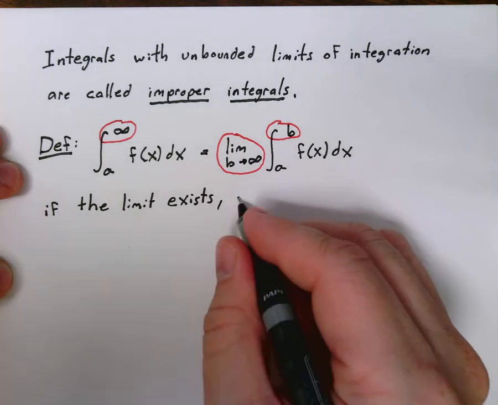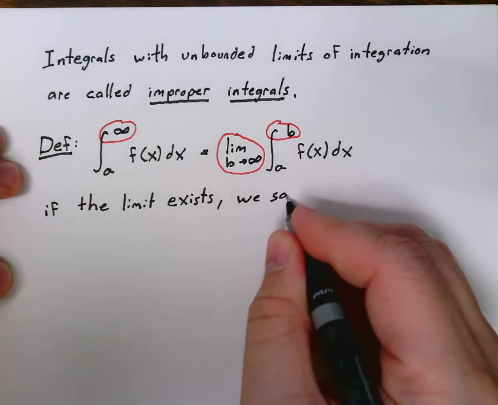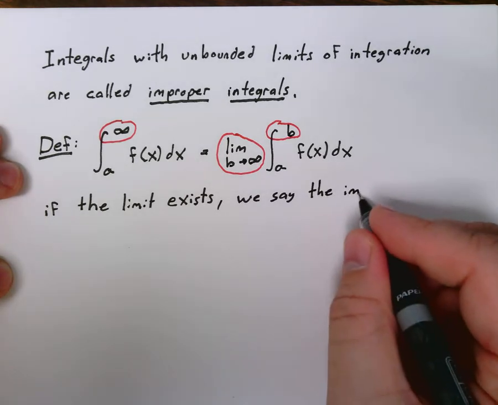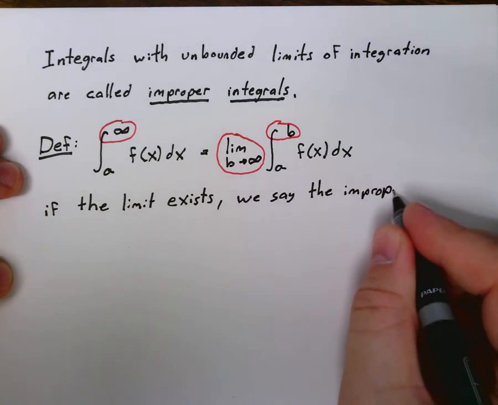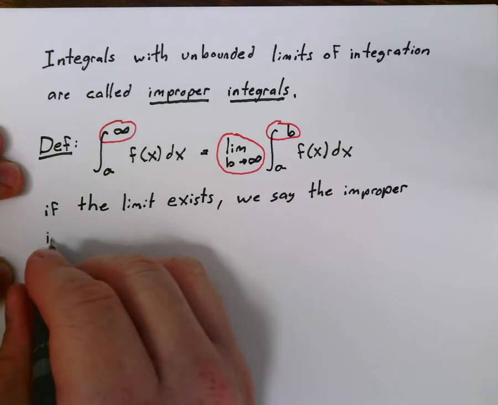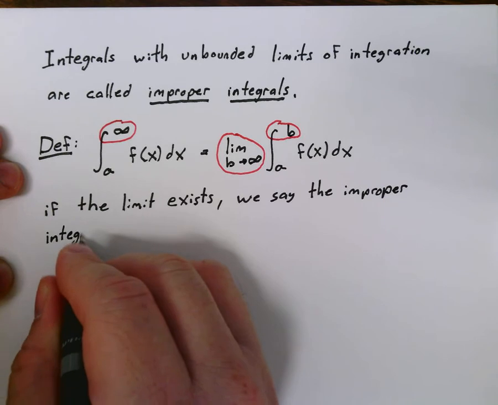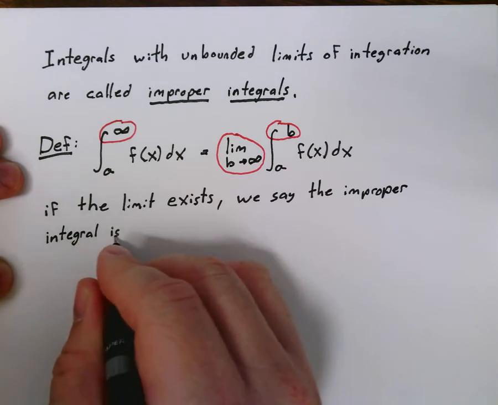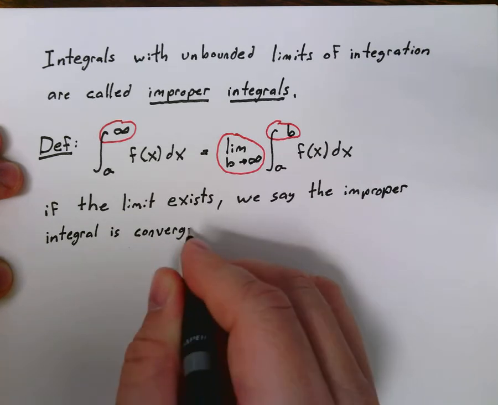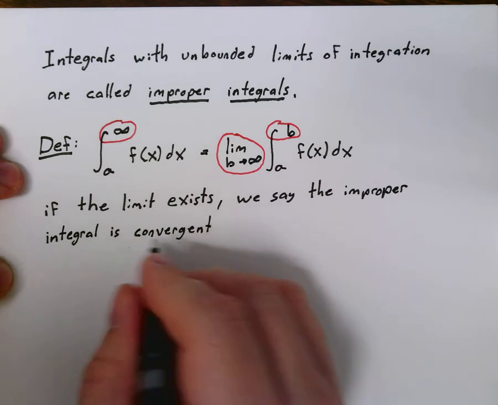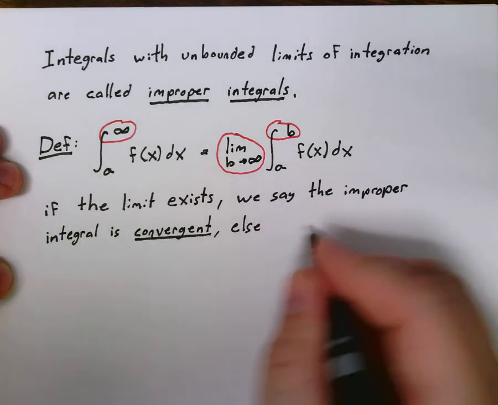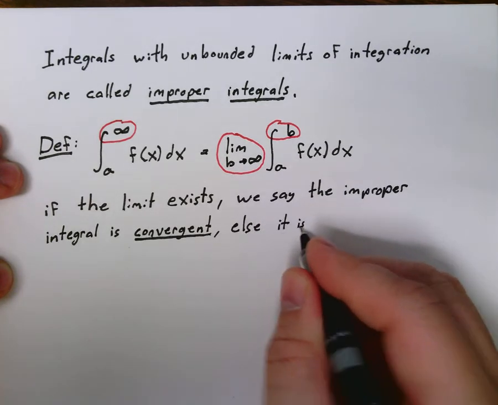We say the improper integral is convergent. Else, it is divergent.